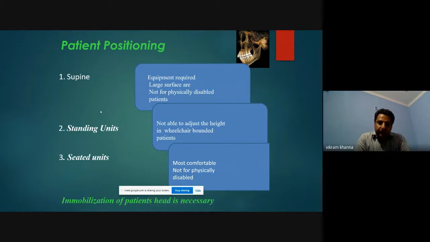Seated units are comfortable, but again trauma or ambulatory patients have a problem with them. One important point is that immobilization of the patient's head is of utmost importance, otherwise you will not get good pictures or radiographs.